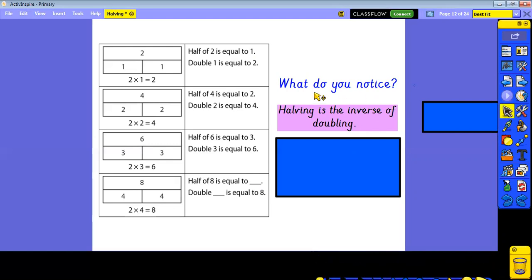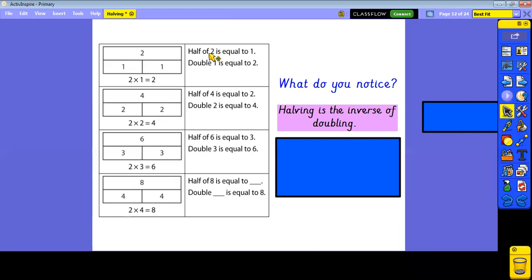And you can see that they are related because we are using the same numbers, but in different orders. So we're showing that we're doing the opposite. When we half our whole, we're going to a smaller part. Whereas when we double 1, that part is becoming the whole because we have that part 2 times.